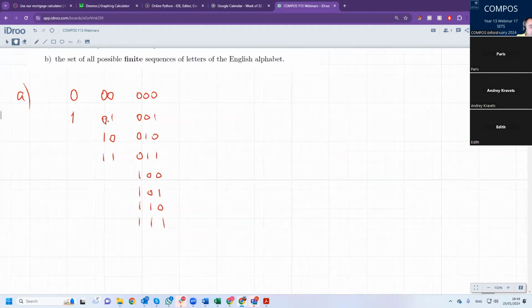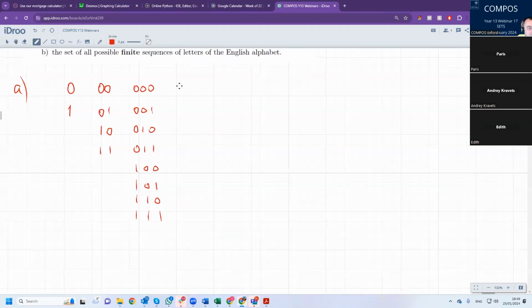And then you go to four digits. And you know the number of elements: the first contains 2 elements, this contains 4 elements, this contains 8 elements, this contains 16.